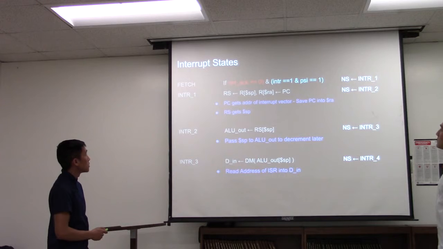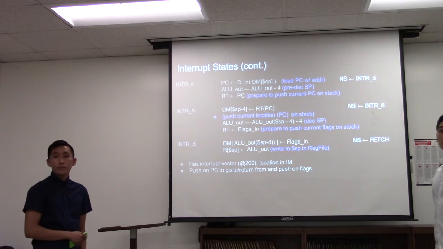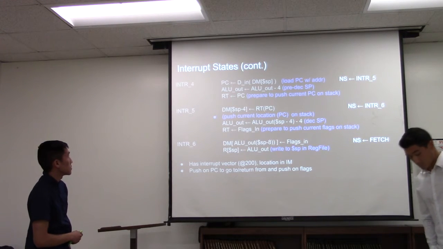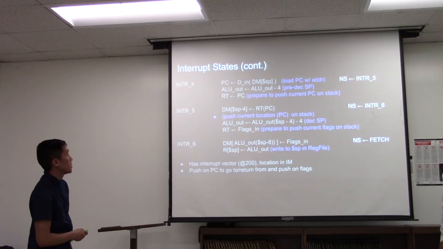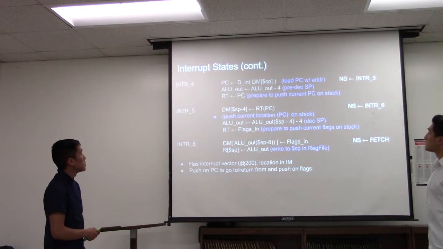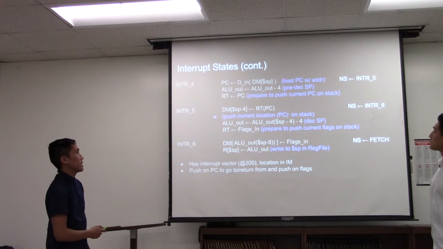So then at step 4, you say PC goes into RT. When I'm actually looking at your project, at that step 4, are you bringing it out of the register file from register 31 into RT, or are you going directly into RT from the PC? We're going into RT from the PC. Why did you put it into RA then in step 1? Just so we can save it and then we come back to it.